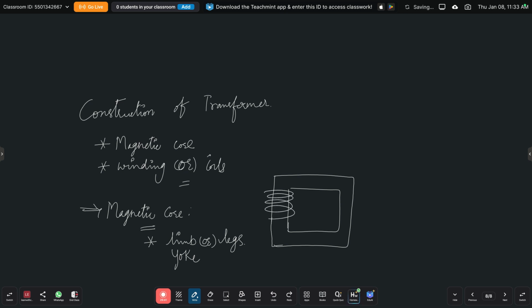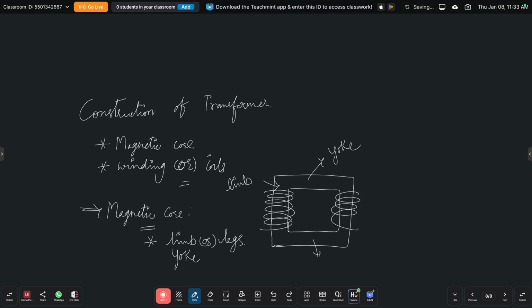Basically in this we are going to connect the windings. The top and bottom horizontal portions are called the yoke part.